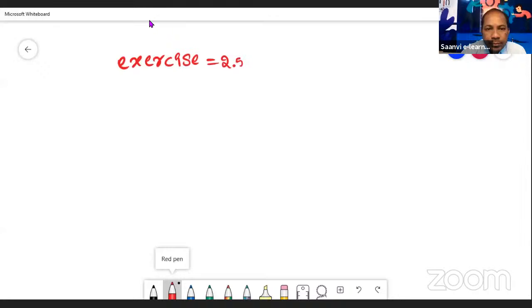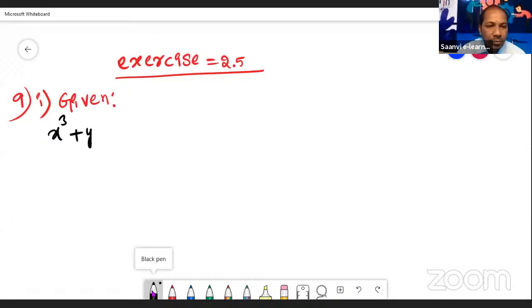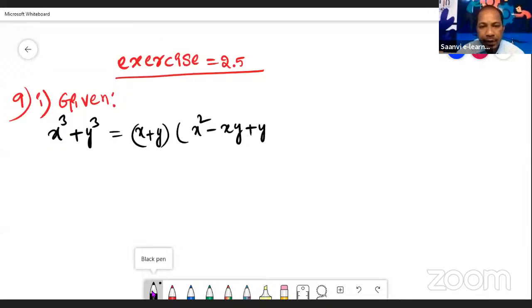Exercise 2.5, ninth bit, first problem. Given: x cube plus y cube is equal to x plus y into x square minus xy plus y square.